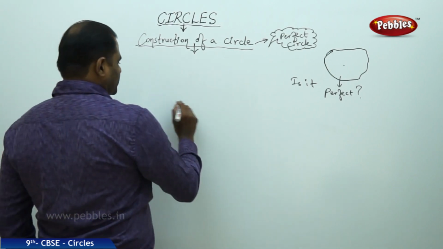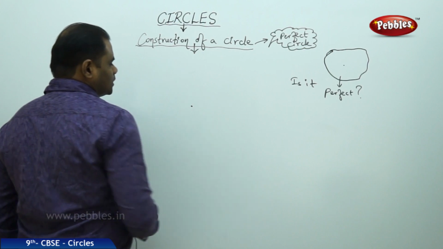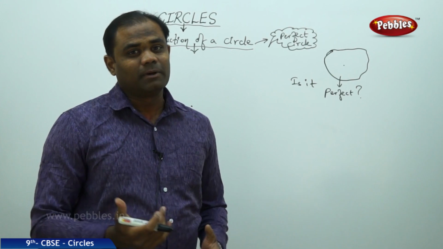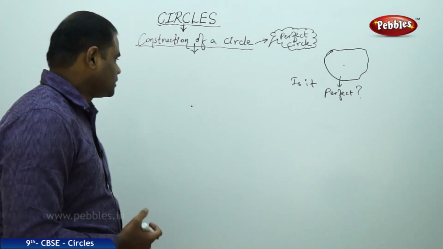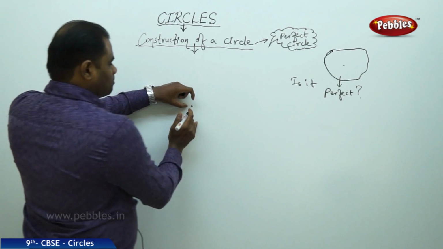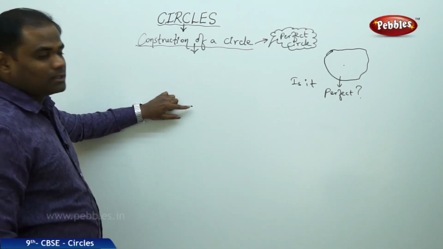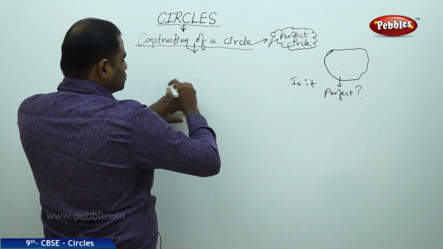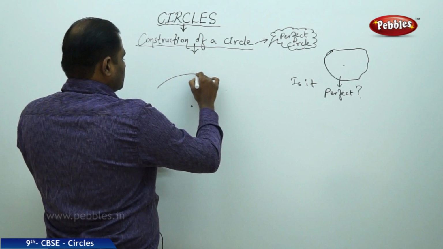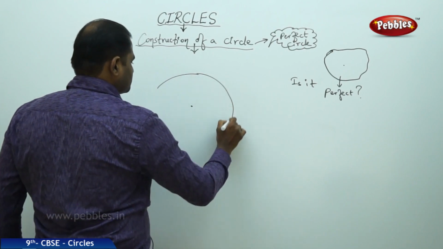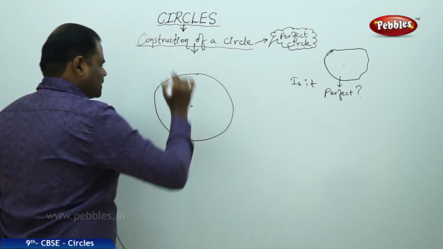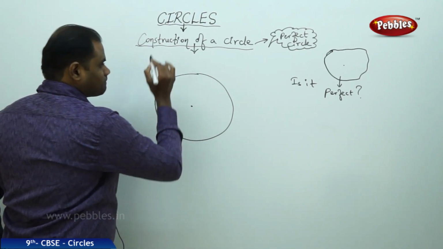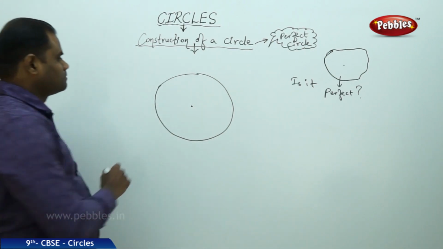When I take a fixed point, let me take a compass from the geometrical instruments. We are all aware of a compass. So we take the pencil, put the point of the compass out here, and move with a certain radius, or a certain distance, and move the pencil around.